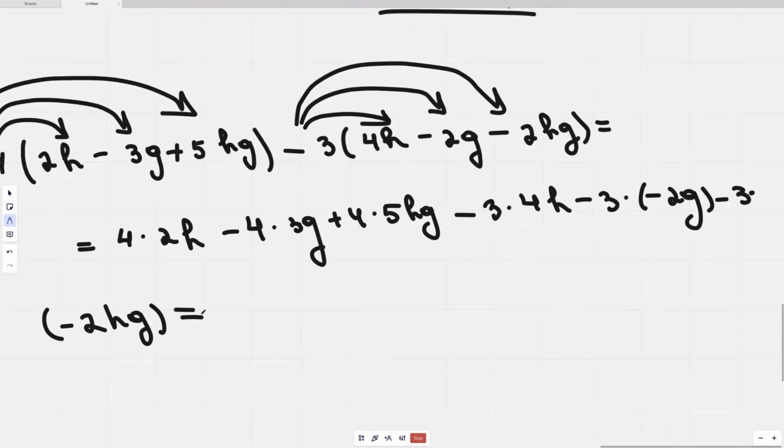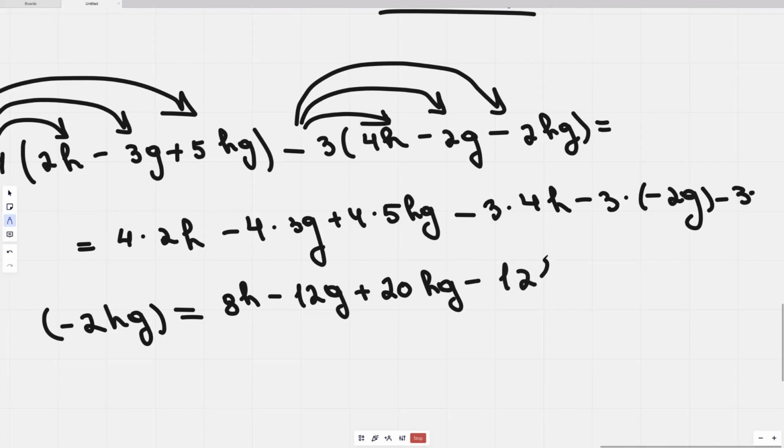So then we have to write them in a better way. 4 multiplied by 2 is equal to 8h, and the h itself, because there is nothing else to multiply h here, and then minus 12g, and then plus 4 multiplied by 5 is equal to 20hg, minus 3 times 4 is 12h.